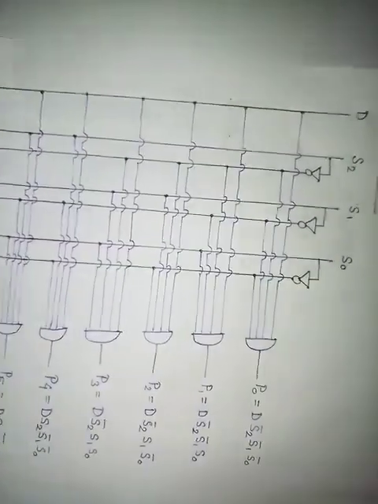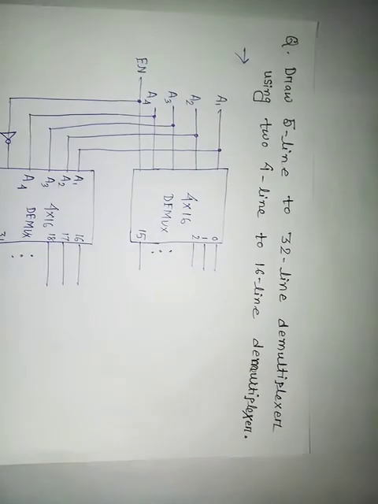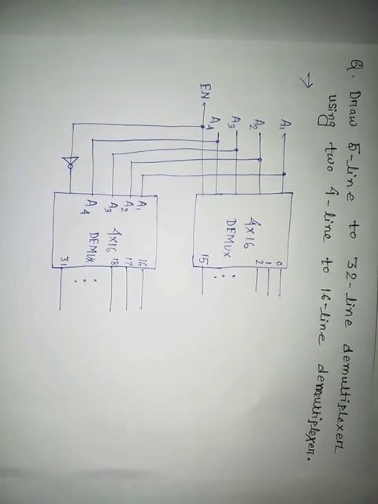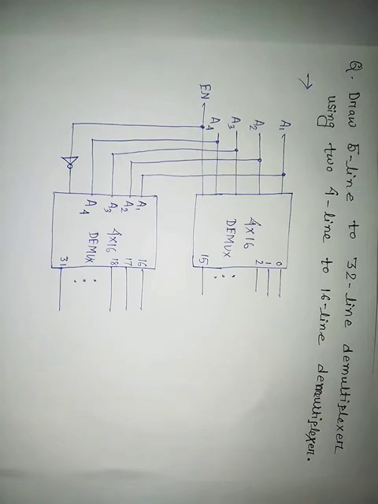Now coming to the next part, in our next part they suggest draw 5 line to 32 line demultiplexer using 4 line to 16 line demultiplexer.